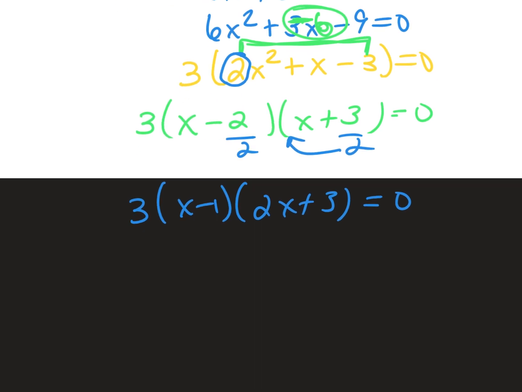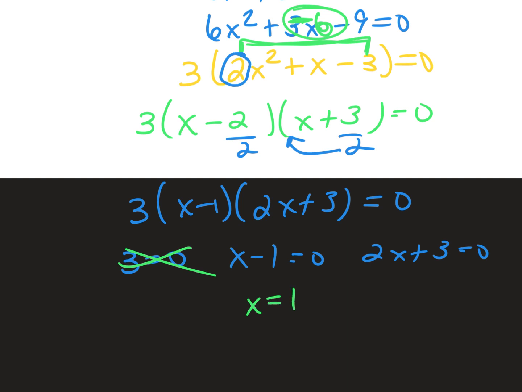Now what do you do with each piece? You set everything equal to 0. Does 3 ever equal 0? Nope. So here I have x equals what number? 1. Here I have x equals what number?